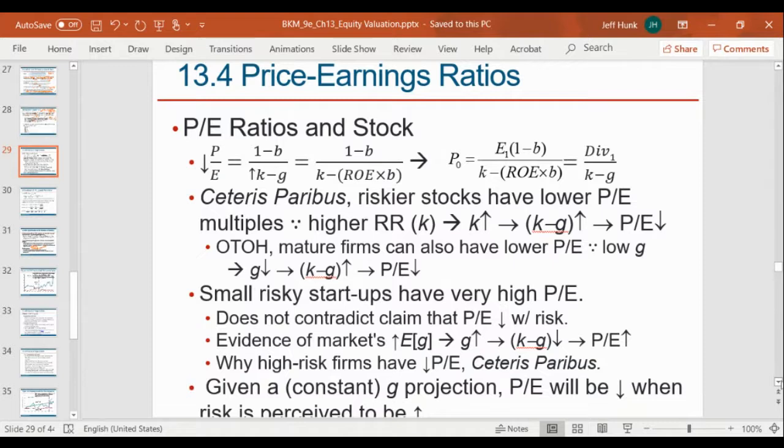First of all, it's quite understandable when required return goes up, right? The whole P/E ratio would go down because it's just the nature of the fraction.